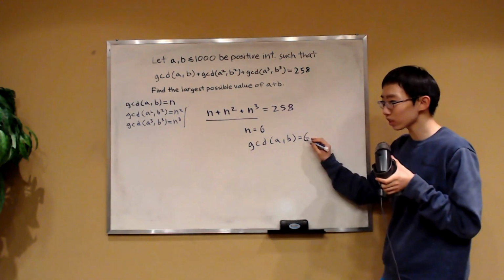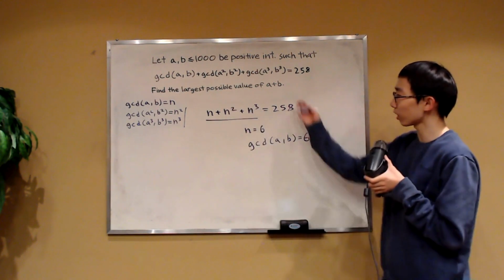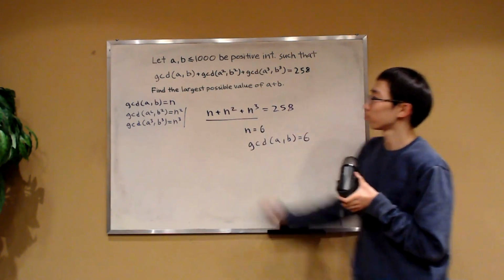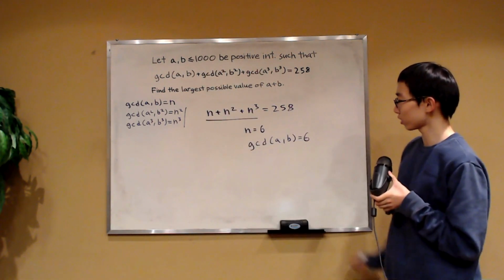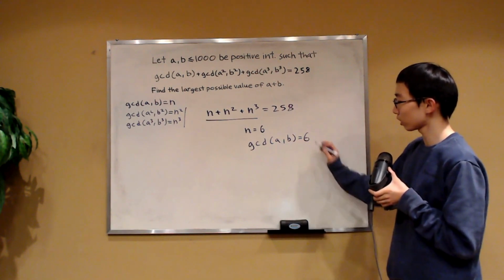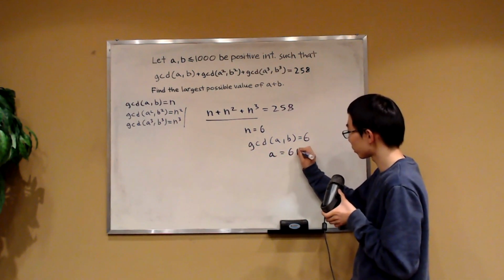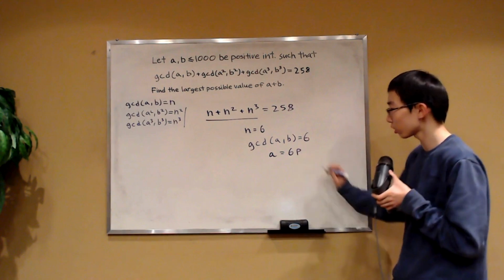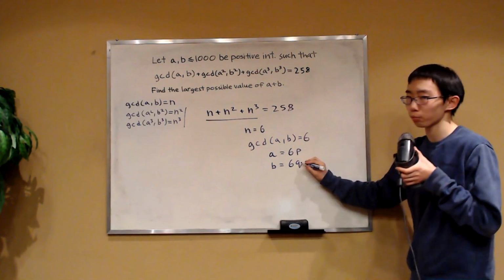Now, if we know this, then it should be no problem to find the largest possible value of a plus b. Now, remember, they cannot exceed 1000, right? Now, firstly, because the GCD of a and b is 6, then this would mean that a is equal to 6 times p, where p is a positive integer, and b is equal to 6 times q, where q is also a positive integer.